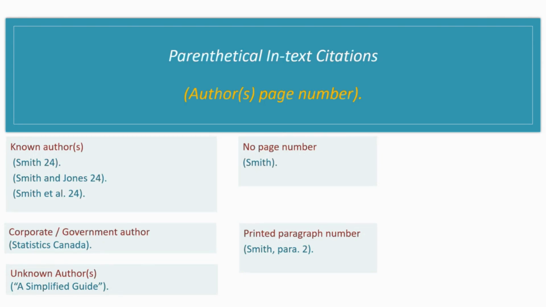So here we see an exception to the default citation of author page number with no comma. If you do have to describe the type of number you're giving, like para for paragraph, sec for section, chap for chapter, or line, then you will use a comma after the author's name to avoid confusion. But remember, only include any of those if they're given.